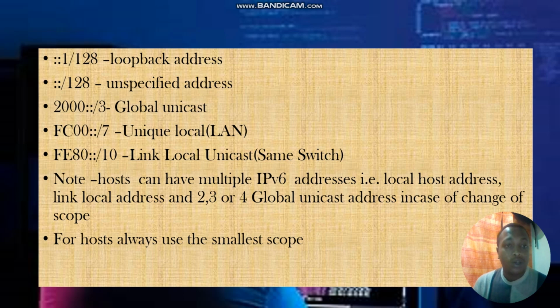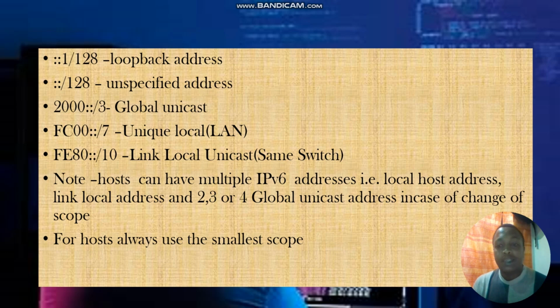There is what we call the unspecified address, and that is :: with a prefix of 128, meaning that :: represents all zeros, leading zeros. We talked about leading zeros in the beginning of the video.